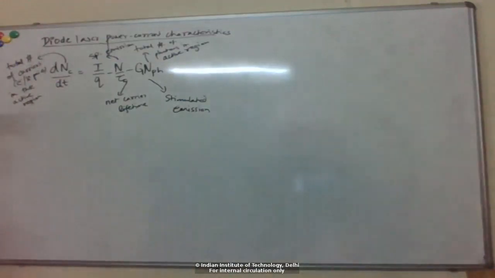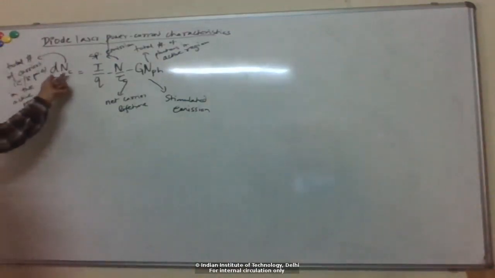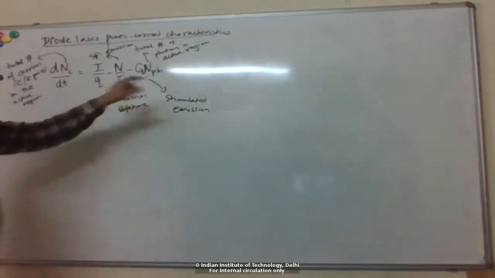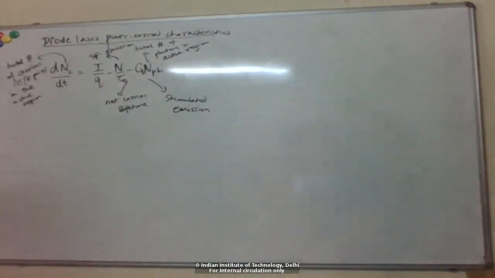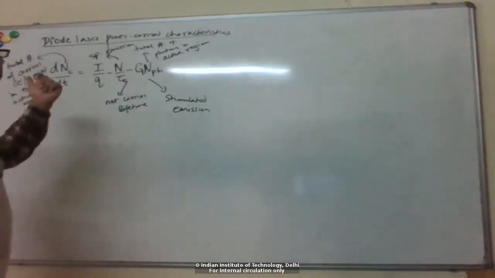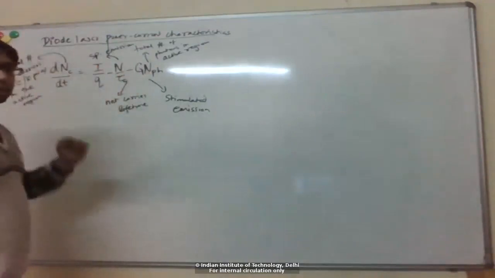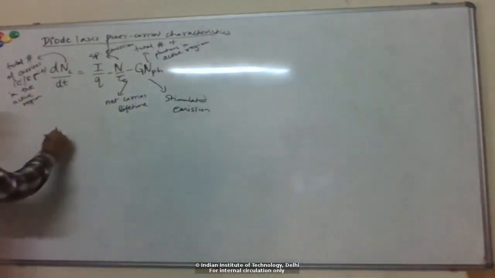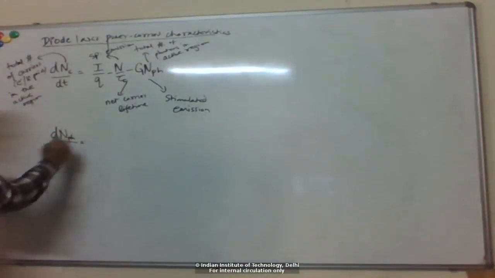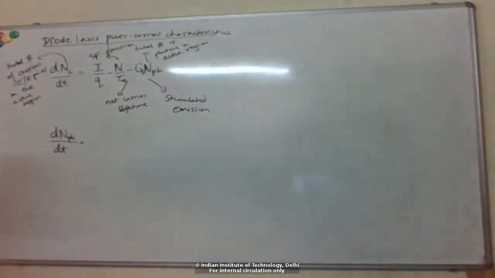In addition, we also have a rate equation for the number of photons in the cavity. In the LED case, we just said the number of photons is proportional to the number of carriers. But here we have coupled equations, and because of this additional stimulated emission term, the relationship is not so straightforward.